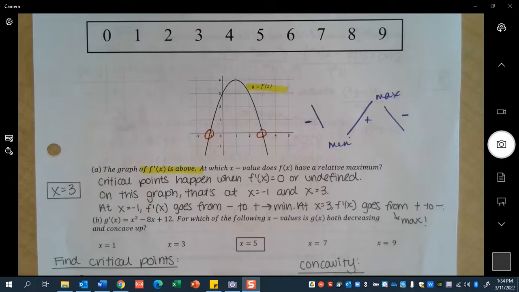Leading up to this 0, my derivative is negative, meaning my graph is decreasing. Here to here, my derivative is positive, so my graph is increasing. And after that critical point, my derivative is negative, which makes this one the max and this one the min.